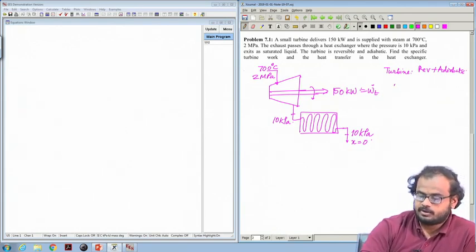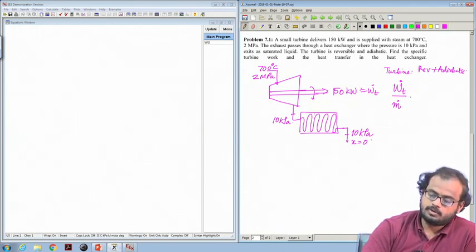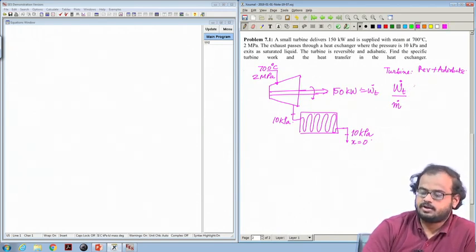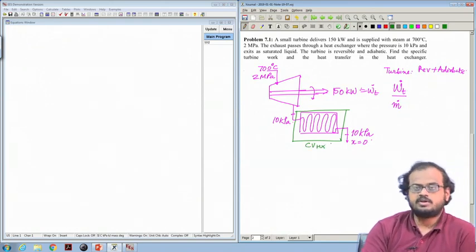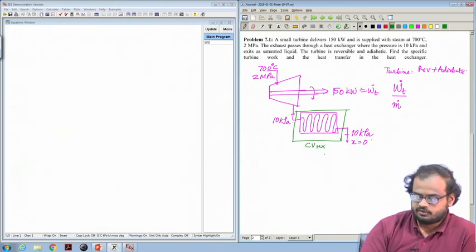So, the specific turbine work is equal to this divided by the mass flux. And the heat transfer in the heat exchanger is simply found out by writing down the first law for this particular control volume. CVHX is the control volume of the heat exchanger.